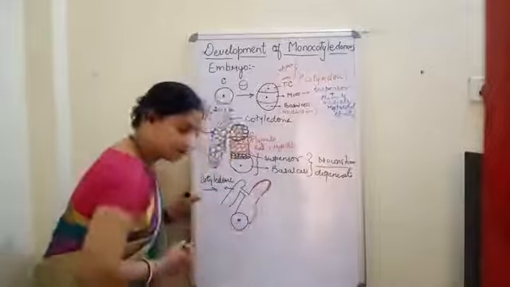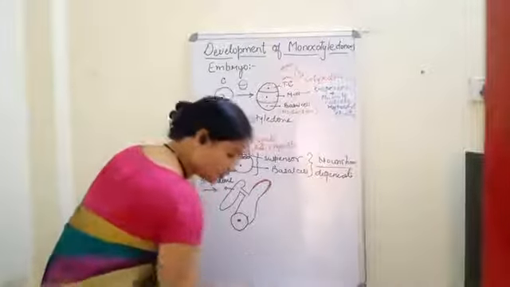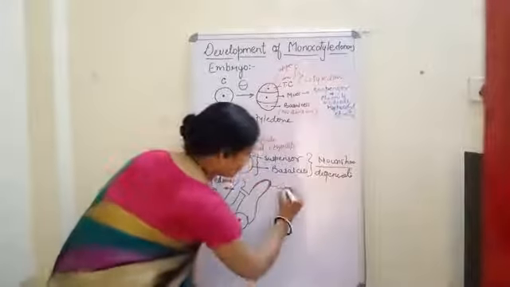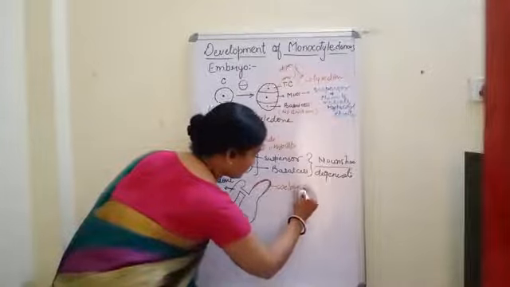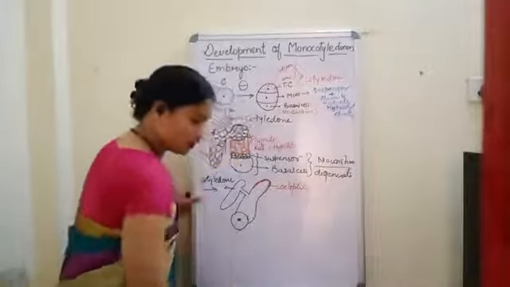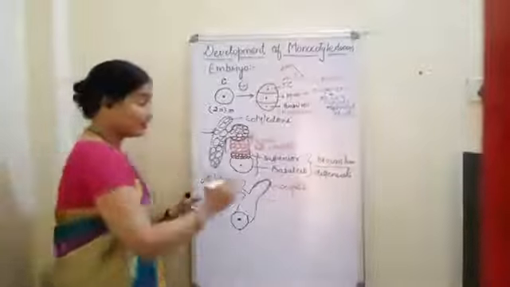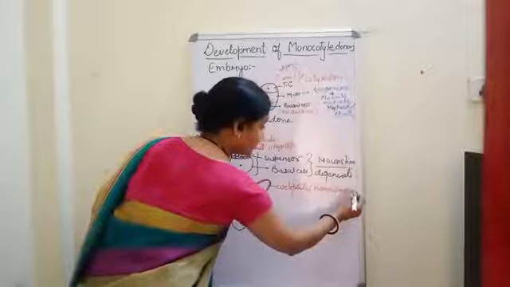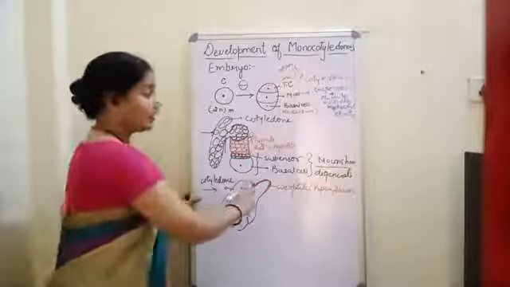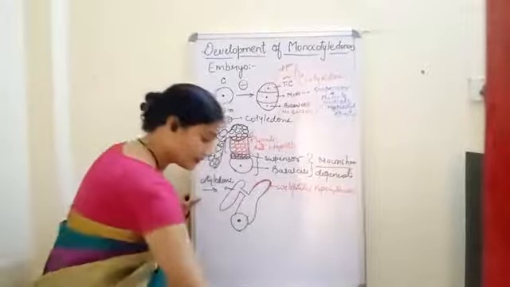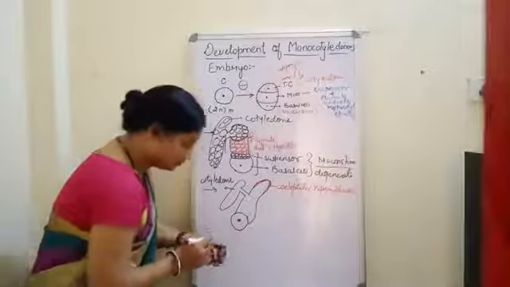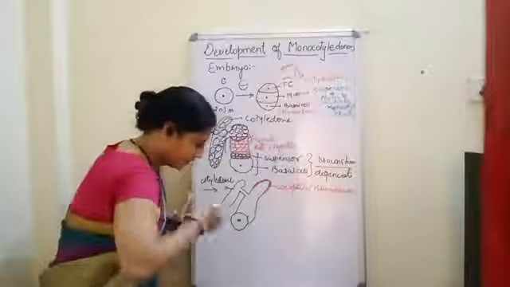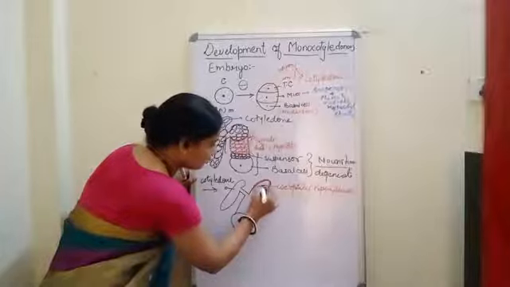Now, this papery layer is called the coleoptile. What is this coleoptile? It is a papery sheath of the epicotyl.